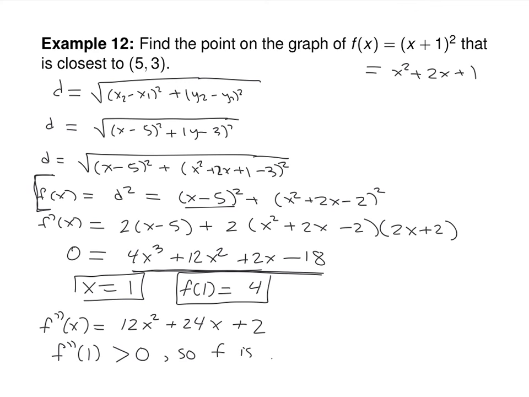So f is concave up, and thus f has a min at x equals 1. And is a minimum what you wanted? Closest means smallest distance, right? So the details of this and then solving definitely won't be on the test with a question that's that difficult, more like the quiz one that you had.